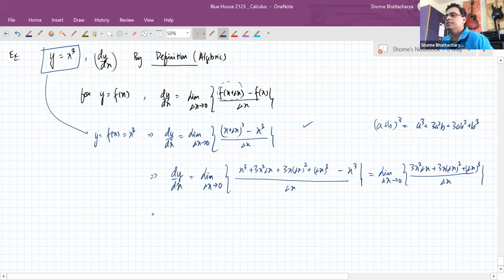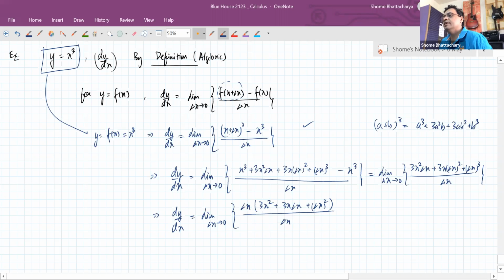So now the next step is very critical here. Okay, so pay attention. So the next step, what we'll do is we will take delta x common in the numerator. So once we take delta x common, we get 3x squared plus 3x delta x plus delta x squared, divided by delta x. Now see, this is the most critical step I'm coming to. What we know about delta x is that it tends to 0, but delta x is not equal to 0.